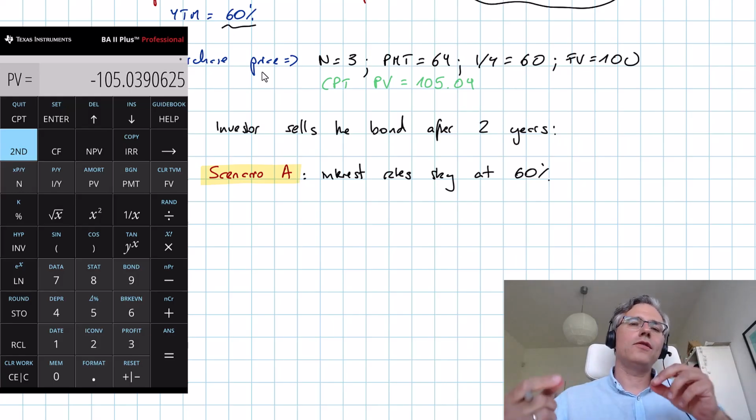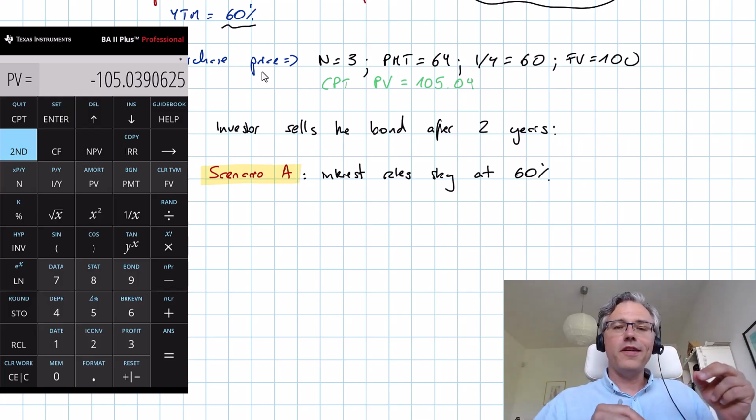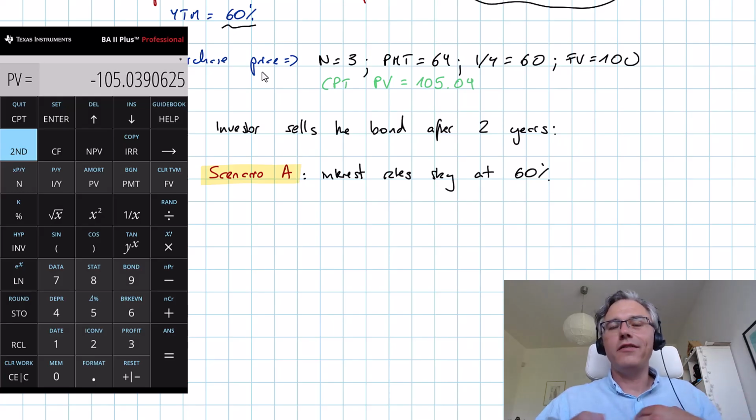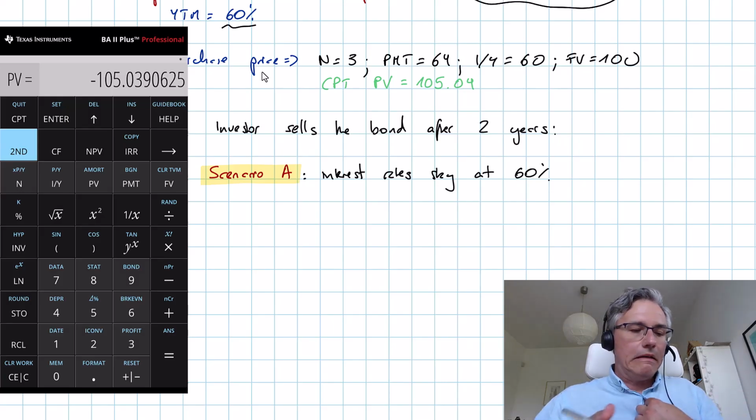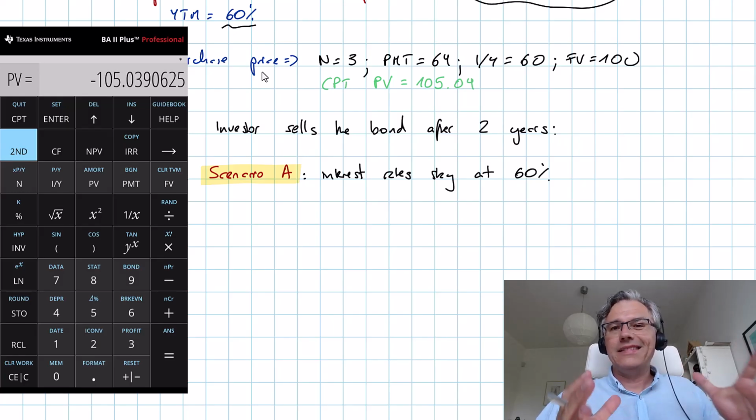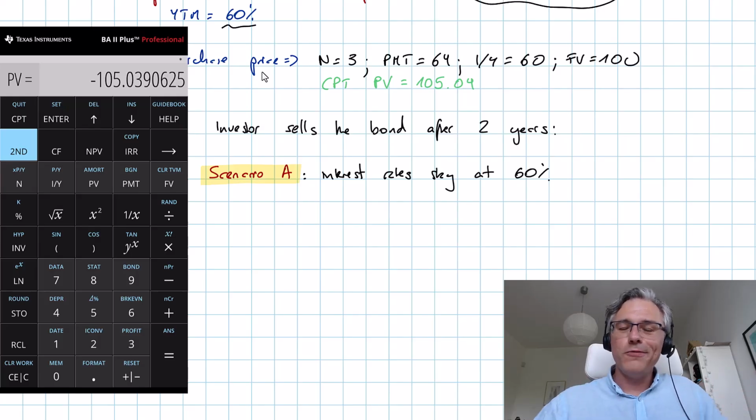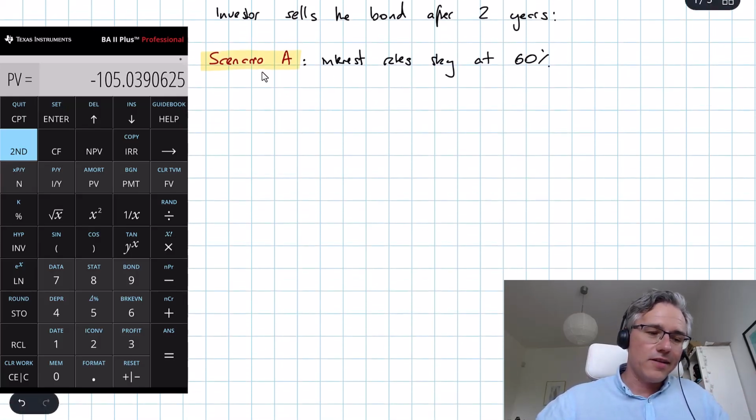We stay on the constant yield price trajectory, and we sell the bond for its carrying value, and there should be no capital gain or loss. And the YTM staying the same will mean that we have a horizon yield that should equal the original YTM, 60%. Let's check if that's what happens.